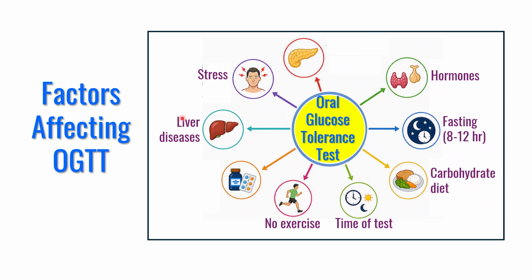In addition, certain acute illnesses and stress can increase counter-regulatory hormones, leading to increased glucose concentration. Certain drugs such as steroids, diuretics, and contraceptives can also increase glucose concentration artificially. Finally, pancreatitis can lead to decreased insulin secretion and action that might lead to decrease in glucose tolerance. So these factors must be controlled before conducting the test for an accurate and appropriate interpretation of the findings.